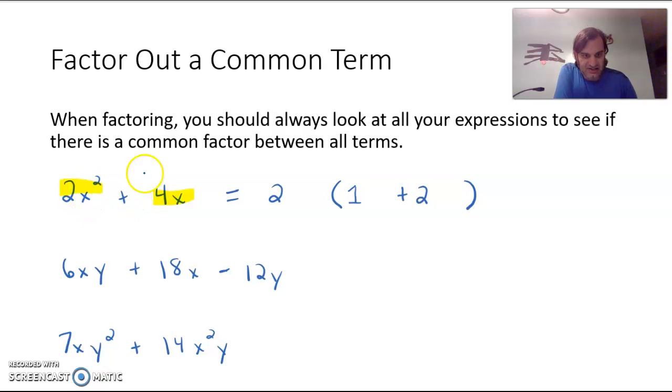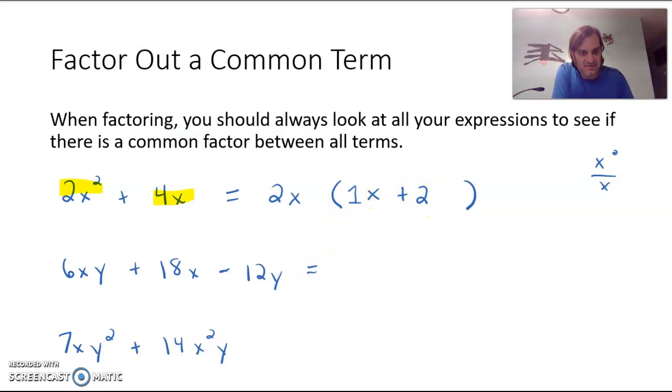And then I look at the x squared and the x and realize they're both divisible by x. And if I'm looking at exponents, I'm looking for the lowest power. So if I pull an x out of x squared, it's kind of like I'm putting one over the other and dividing it. So that would leave me a single x, and the other one would be x over x, so there wouldn't be an x term. So that thing breaks down into 2x times x plus 2.